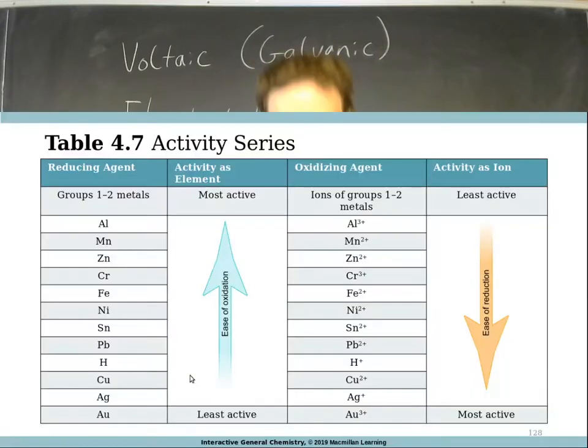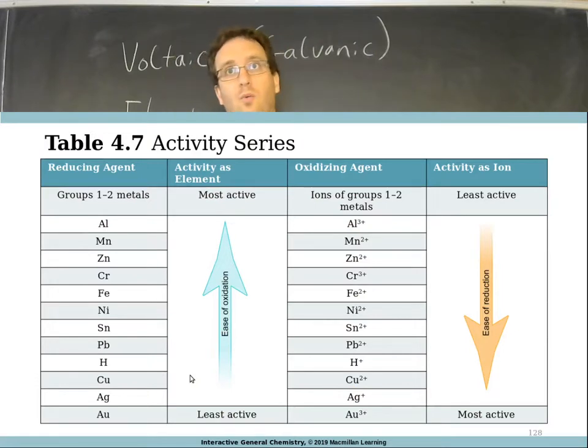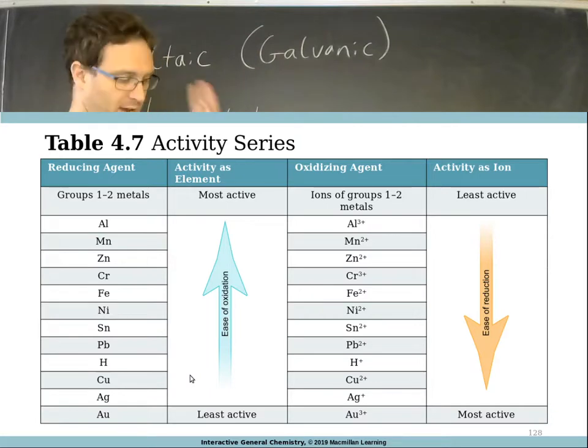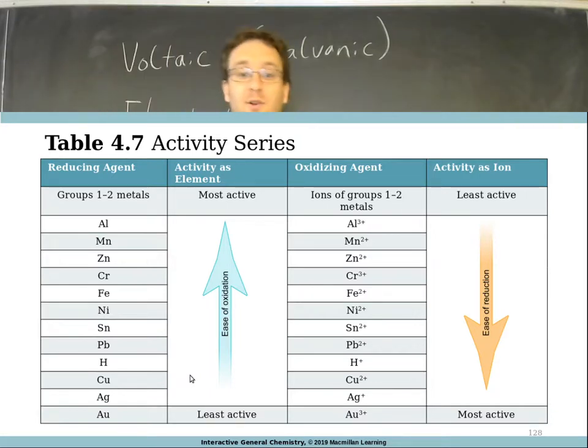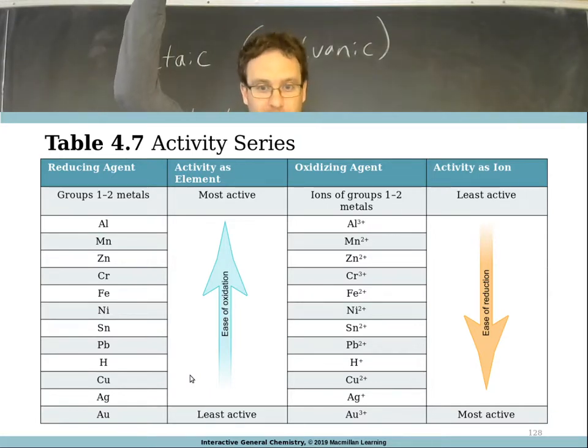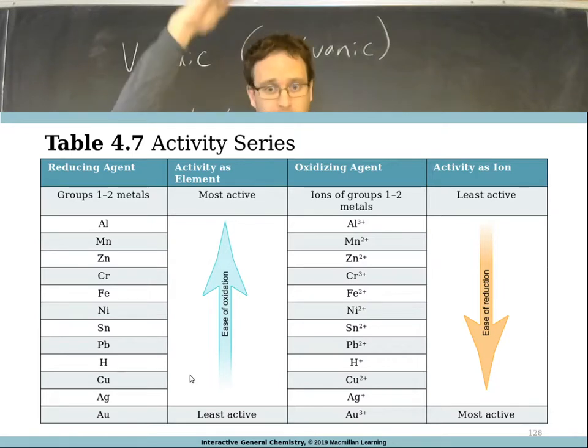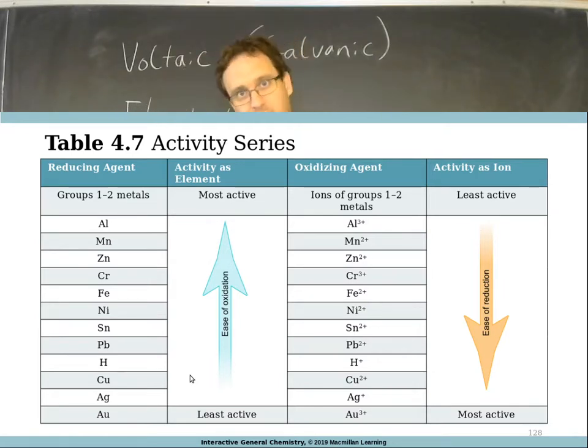I apologize. So looking at this activity series, we can tell which metals will pair spontaneously to make a voltaic cell. If you pick a metal from the top of the activity series and pick a cation from near the bottom of the activity series, then the oxidation of the metal and reduction of the cation are going to be favorable.